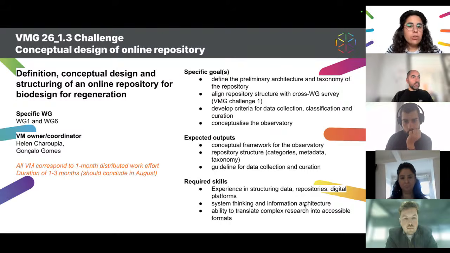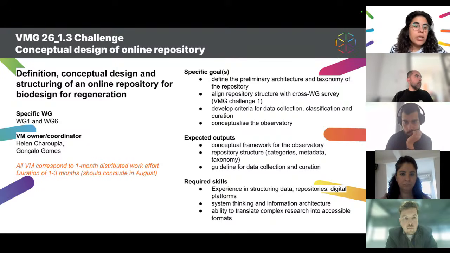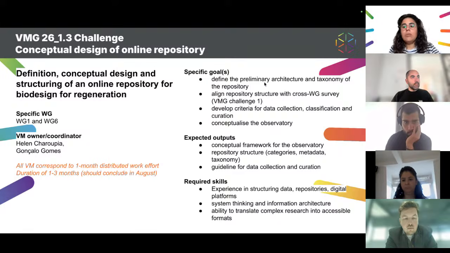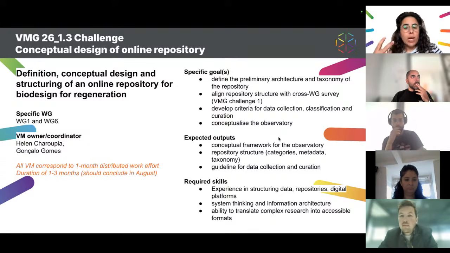The third challenge is about conceptual design of an online repository for this network. So what we intend here is a preliminary architecture and taxonomy of a repository, align obviously the repository structure with the cross-work group survey, and conceptualize the observatory.